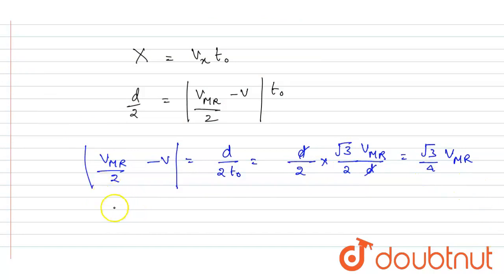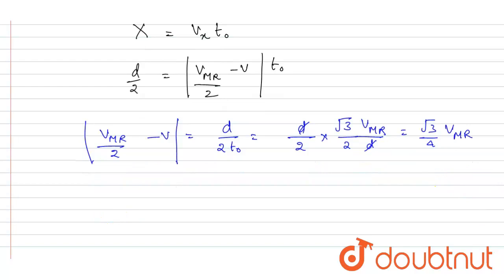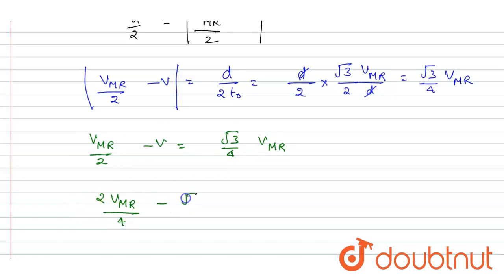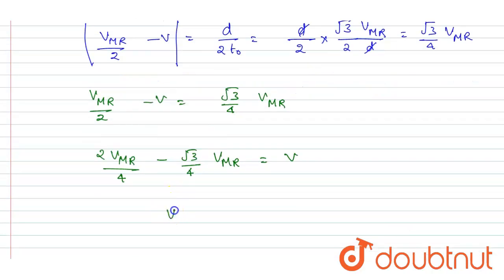So let us take this as positive. Now we'll solve it. Let us take this term positive, then I will write VMR by 2 minus V is equal to root 3 by 4 VMR. Right, so from here I can write down this 2 minus root 3 by 4 VMR is equal to V. So from here I can write down this VMR is equal to 4V by 2 minus root 3.